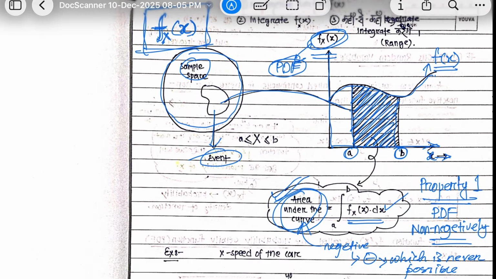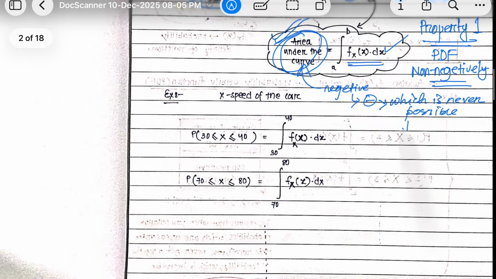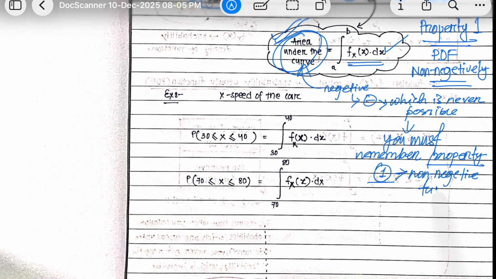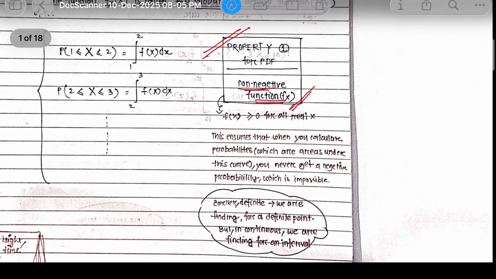You must remember this one. Property 1 is that the function must be a non-negative function. This is your property 1.